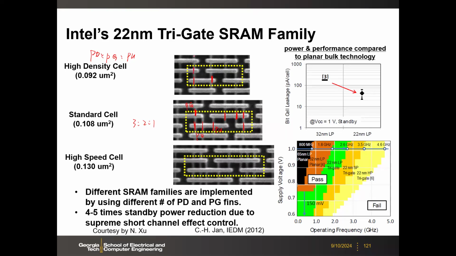So here is 111, high density cell. Not 3, I mean 221. Sorry. 211. And this is 3, 2, 1.